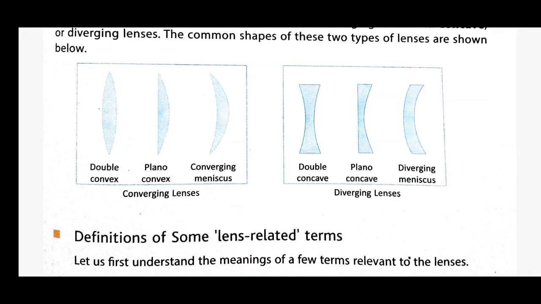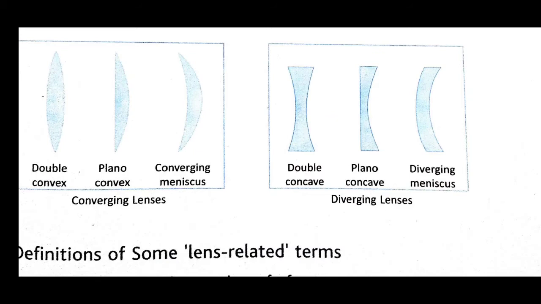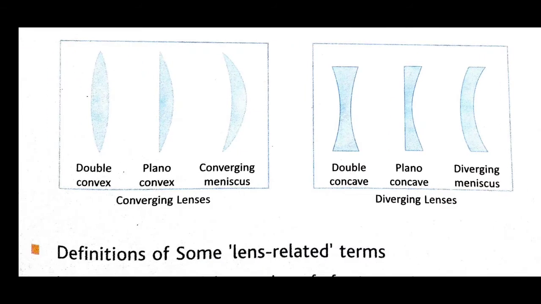In this figure you see this is the concave lens, while a convex lens means the lens for which both surfaces are convex, so you can say thicker in the middle and thinner at the ends. For a convex lens, thicker in the middle and thinner at the ends, while for a concave lens, thicker at the ends and thinner in the middle.